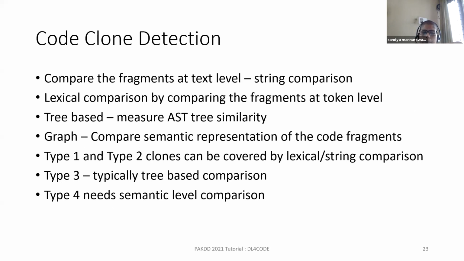So we just talked about the fact that type 1 and type 2 clones you can recover by using string comparison or standard lexical similarity. For type 3, you probably need the input representation to be tree based. Type 4 is going to be a lot harder, so you probably need a distributed representation using embeddings and a deep learning model to identify the code clones.